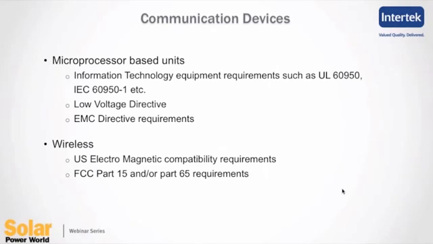If you have a wireless communicator within your microinverter or in your optimizer, then you're also looking to meet the FCC-related requirements, because now you become an intentional radiator of radio frequency, and there are specific requirements for that as well.